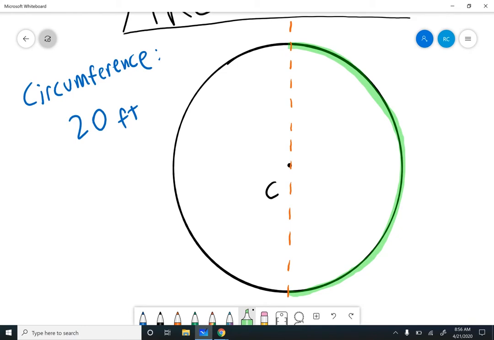And I'm pretty sure you've already got the answer in your head right now, yes? If the whole circle is 20 feet around, how far is it halfway around? Well, hopefully you got 10 feet.